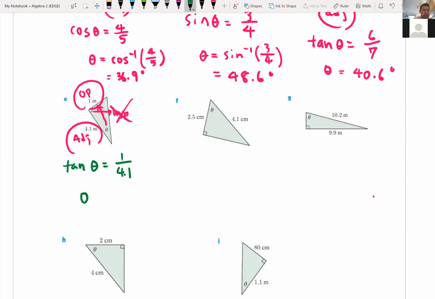So theta is the inverse tangent of 1 divided by 4.1. I got 13.7 degrees. Is everybody doing okay?